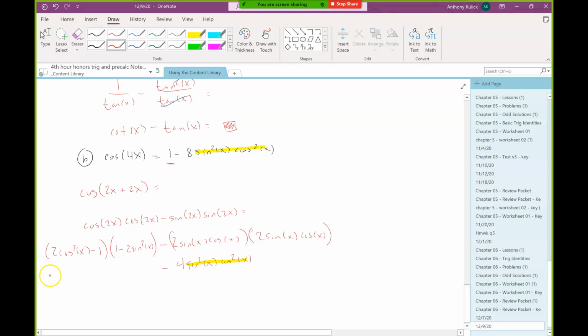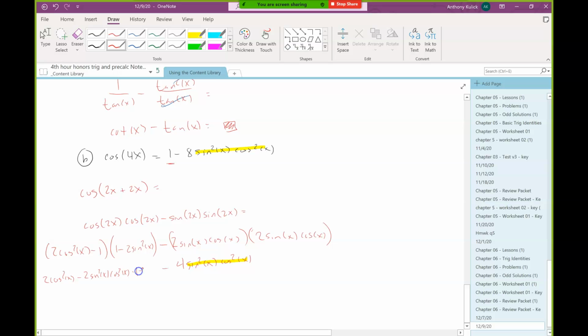All right, so let's go ahead and FOIL these out and see what I get. So I get 2 cosine squared x minus 2 sine squared x cosine squared x minus 1, and then plus, nope, I'm sorry, minus, that's plus, yeah, okay.